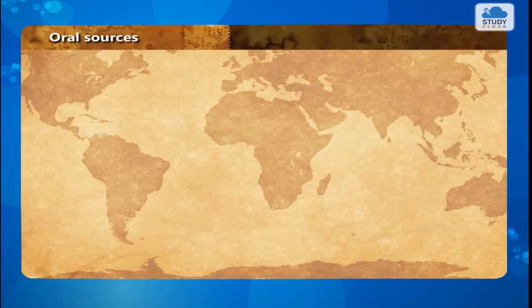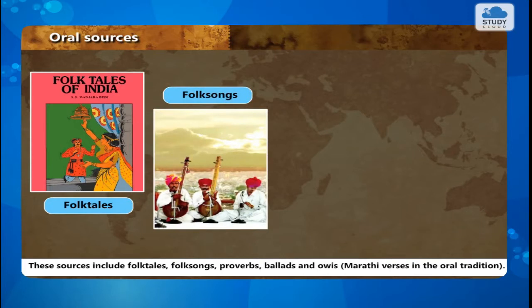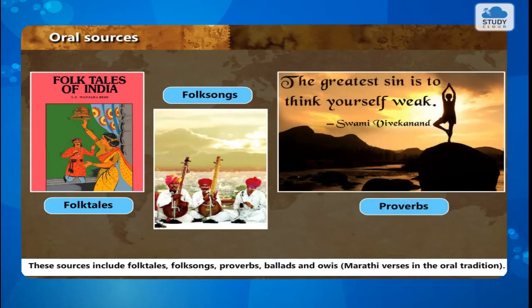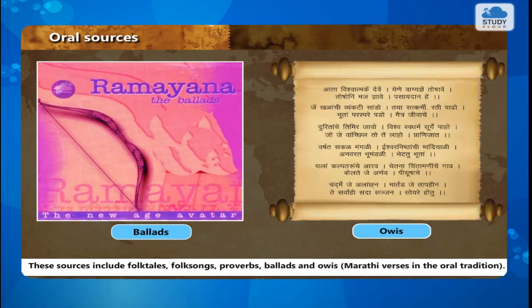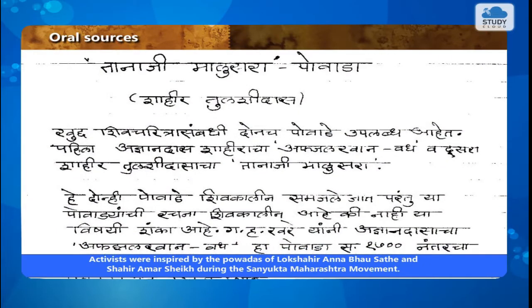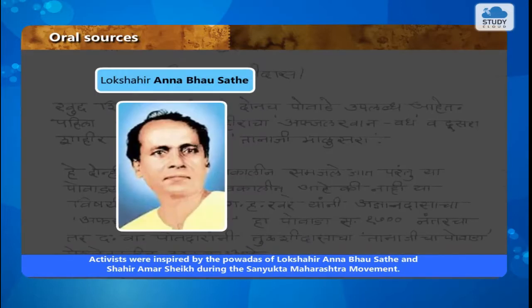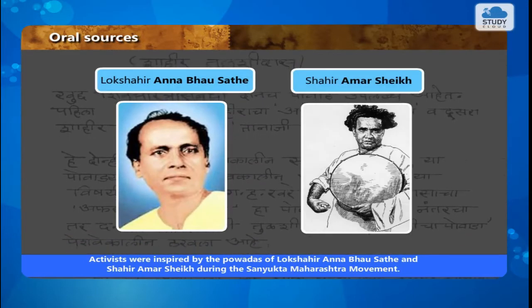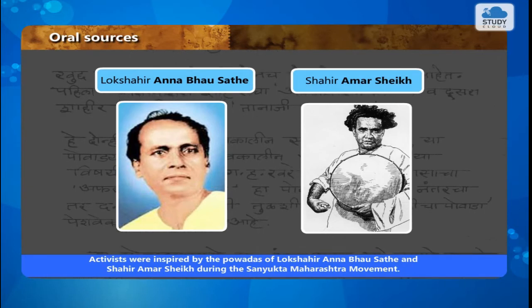Oral sources. These sources include folk tales, folk songs, proverbs, ballads and ovis, Marathi verses in the oral tradition. Activists were inspired by the pavadas of Lok Shahir, Anna Bhau Sathe and Shahir Amar Sheikh during the Sanyukt Maharashtra movement.